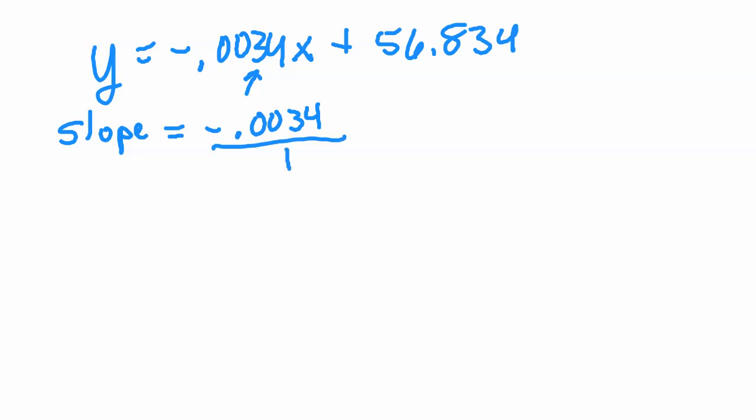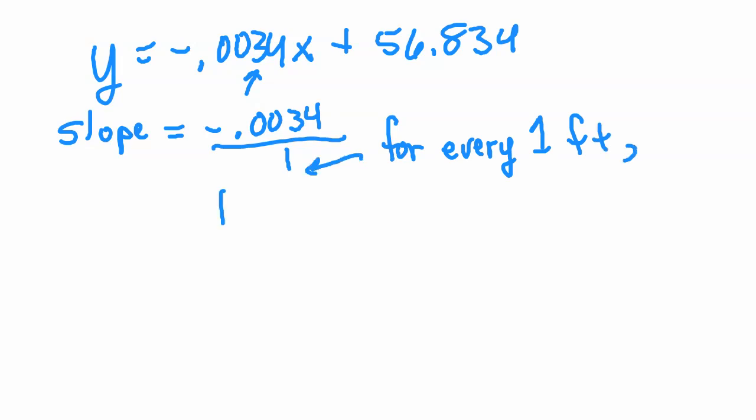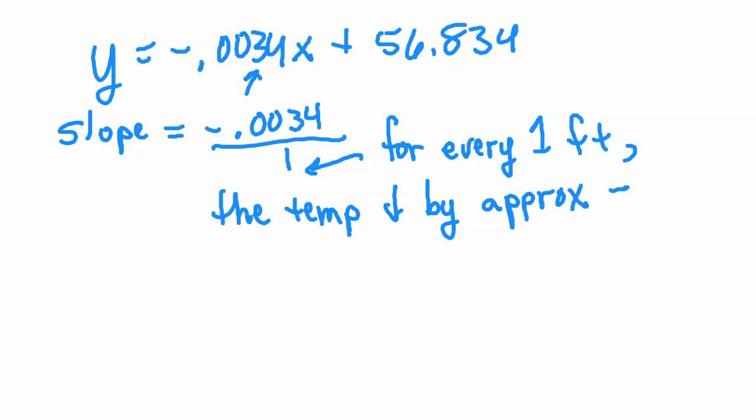If you could also put that over like 10,000 without the decimal point, but if you write it like this, this means for every 1 foot, that's the denominator, the temperature decreases by approximately 0.0034 degrees Fahrenheit.